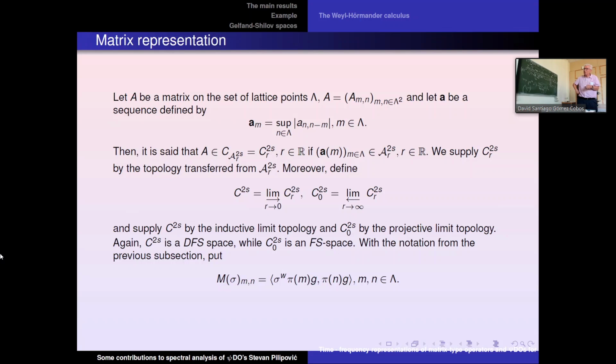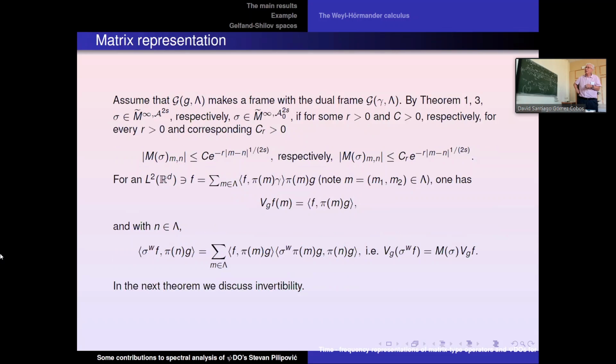So with these matrix elements, we have, so this is frame, as I already denoted, maybe not. So what is it? G_j, G_g of lambda.